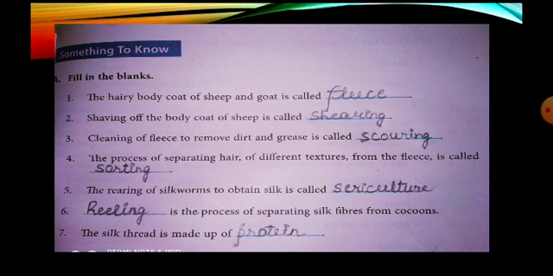And finally, the silk thread is made up of proteins, because it is a kind of protein that the silkworms generally secrete through their mouth when they grow into adult form. So take out your homework copy and start writing.